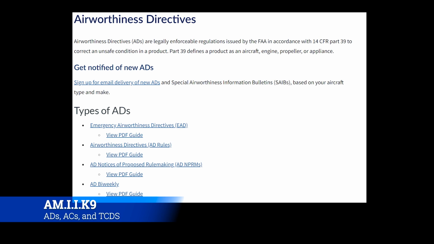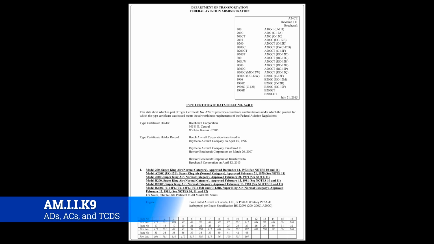So that's airworthiness. Okay, let's talk about another one, a TCDS, or a Type Certificate Data Sheet. Everything in aviation that's serialized is going to come with a TCDS. Your props have a TCDS, your airframe itself will have a TCDS, power plants have a TCDS.